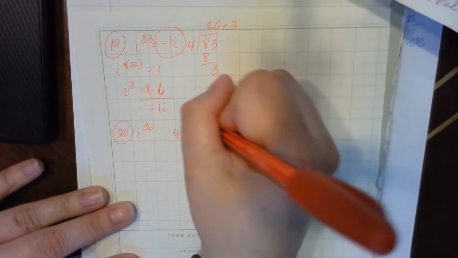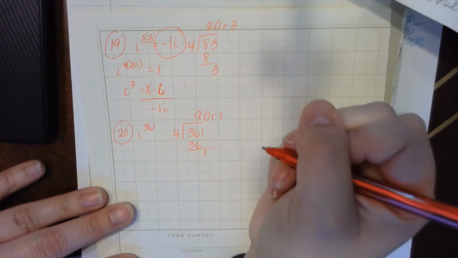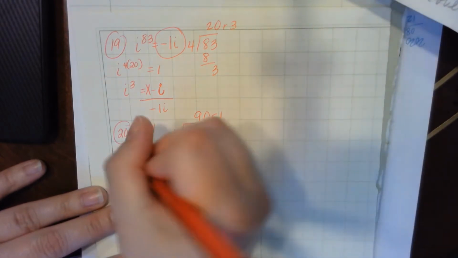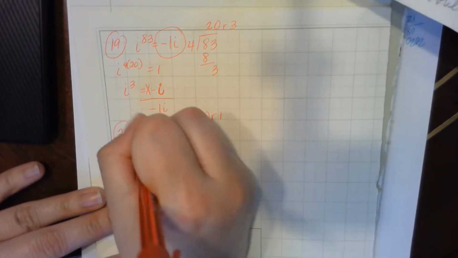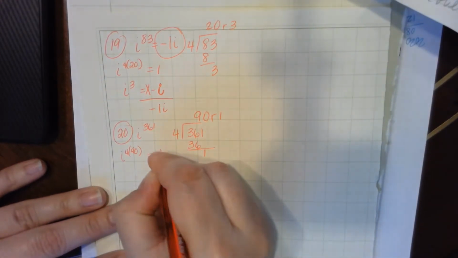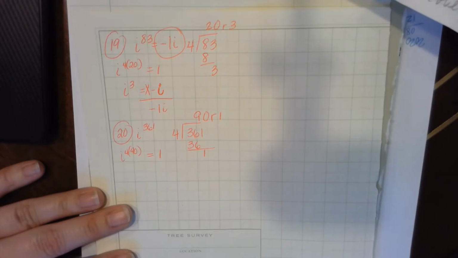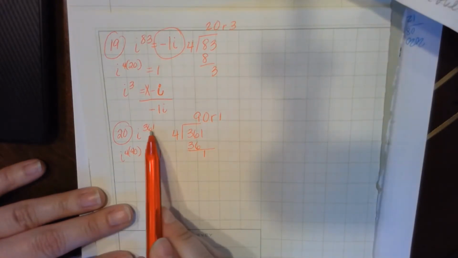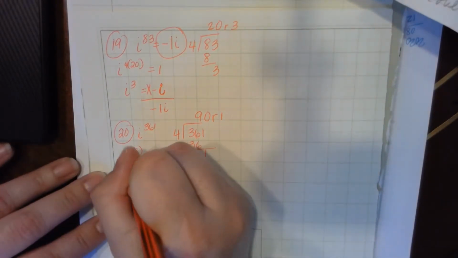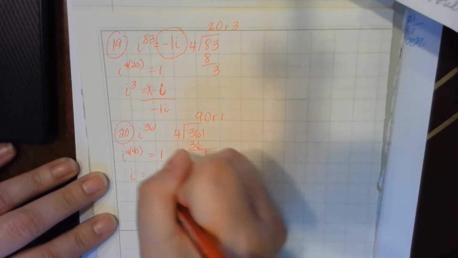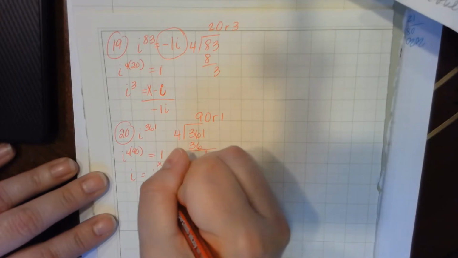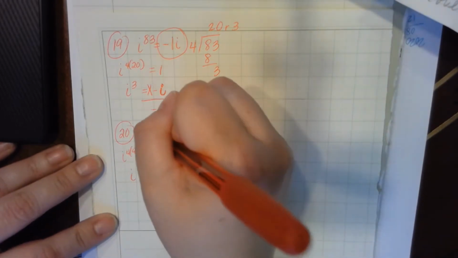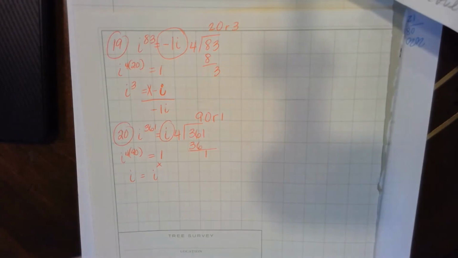Bring down the 1, won't go in. 90 remainder 1. So i to the 4th power, I could take that 90 times. Still going to equal the +1. That takes care of 360 of these, and I'm just left with i, which equals i. If I multiply these two, 1 times i, I'm going to get i. And that's my answer. Donezo.